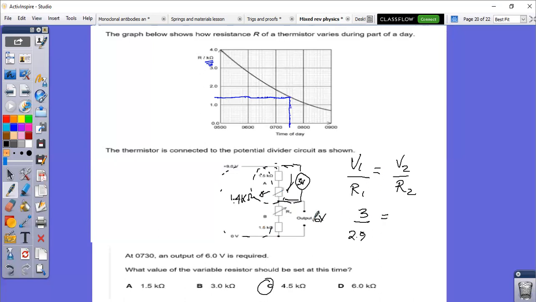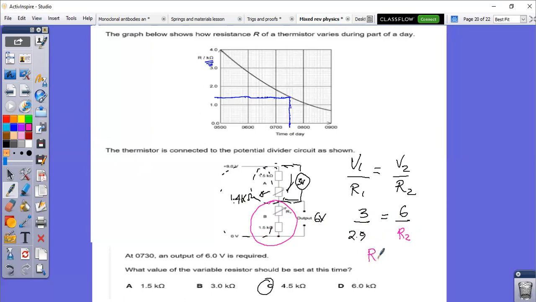And this is V2, which is 6 over the total resistance that these two will form. So 3 over whatever that total resistance will be, and they're in series. So if I know one of them, I can take away that value from the total resistance I get. Are we happy with that?